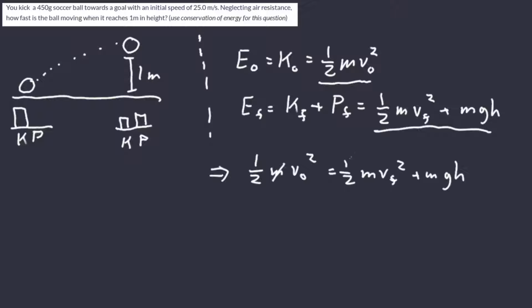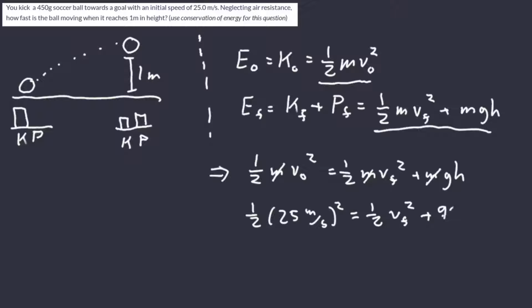You can tell that we have an m in each term, so we can just cross the m's out. We know the initial velocity is 25 meters per second. To save space, I'm not going to write out all of the significant figures here. We're trying to find v final, so I'll leave that as vf.